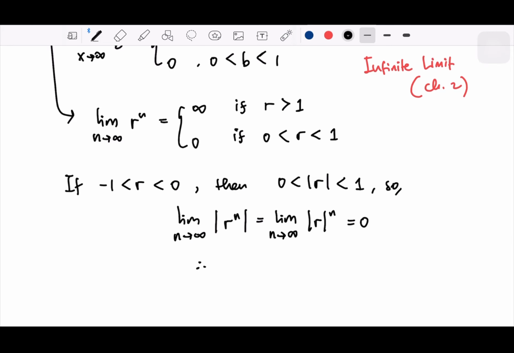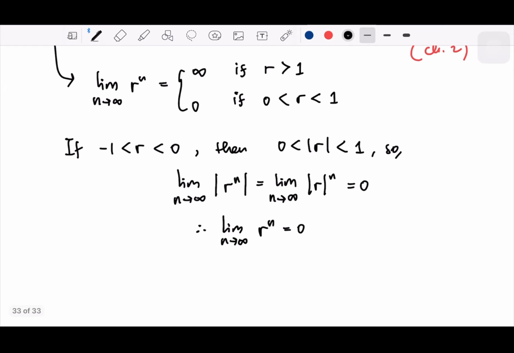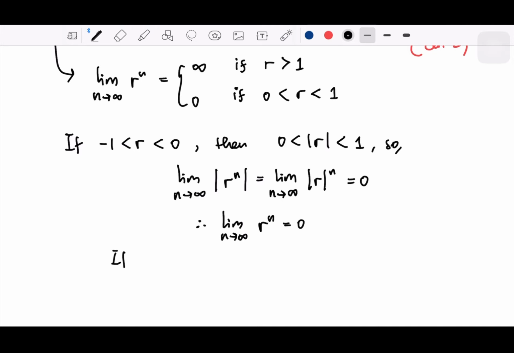And therefore, the limit of r to the power of n will also be 0. And if r is less than or equal to -1, then the sequence r to the power of n will diverge.